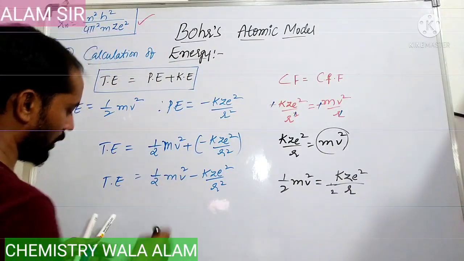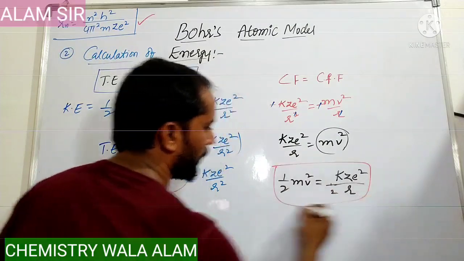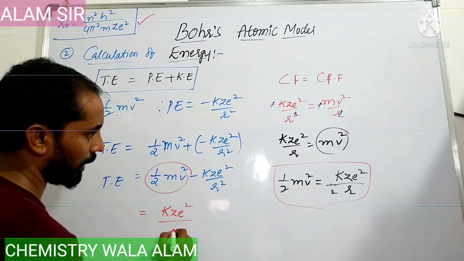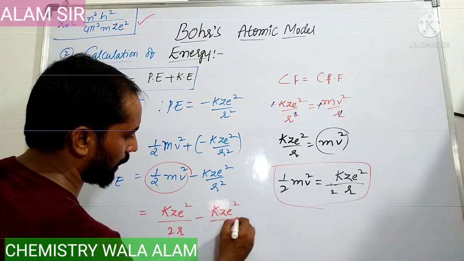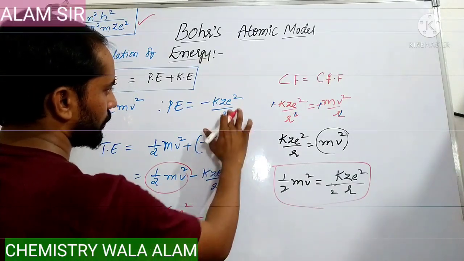So instead of half mv square we write this formula: the total energy equals kze square by 2r minus kze square by r, not r square here, r.